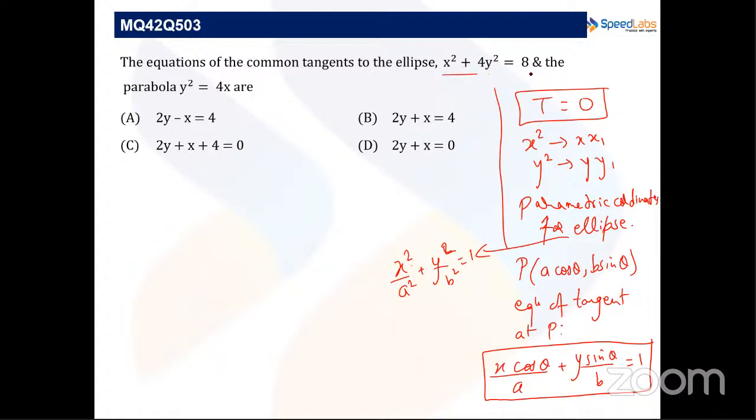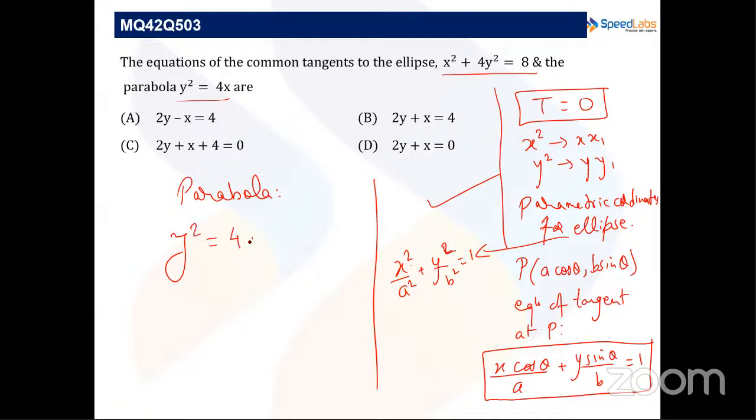We are given the ellipse and we are also given the parabola. For the parabola y square equals 4ax, the equation of tangent having slope m is y equals mx plus a by m.